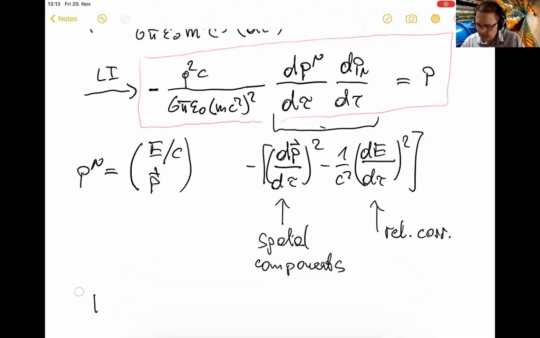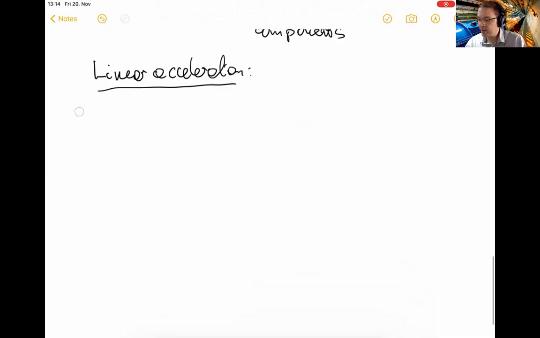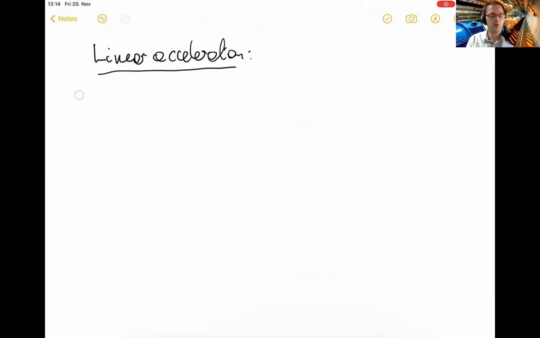The example is linear acceleration. What happens if we take our electron and put it in an Alvarez structure and accelerate it linearly? One needs to do a trick. The trick is, in special relativity, you always have to know exactly what steps you take in your calculation, and then they are simple. If you don't know, then the calculations are complicated.